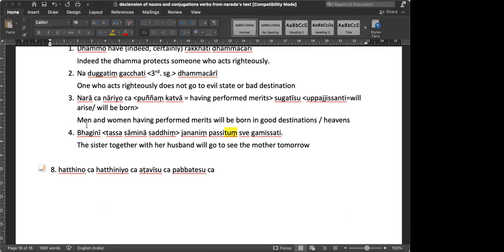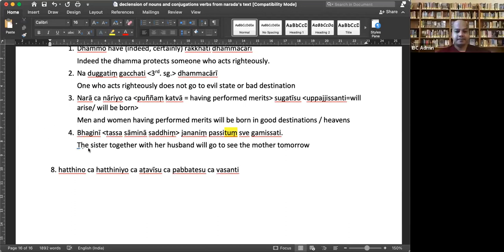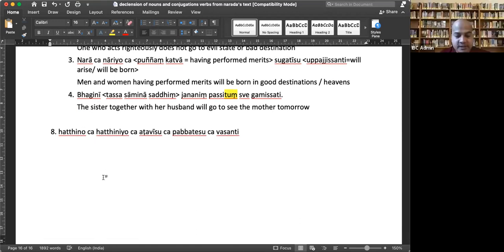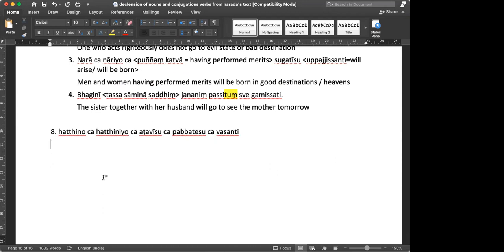Forest, forest, mountain. Vasanti. So now here, what are the subjects, main verb, and what are the other parts?